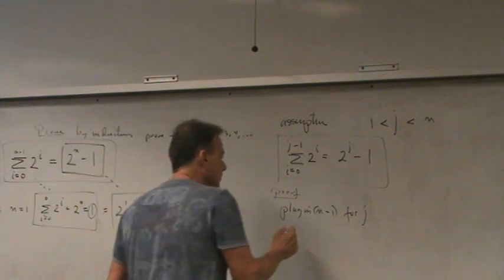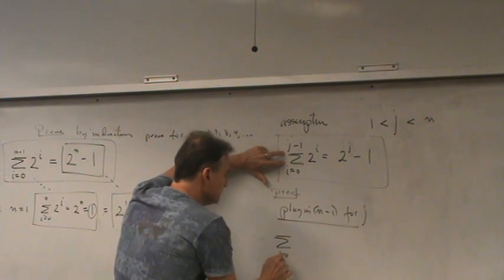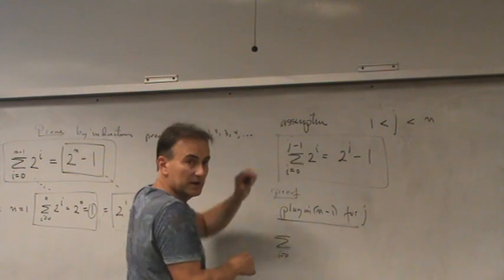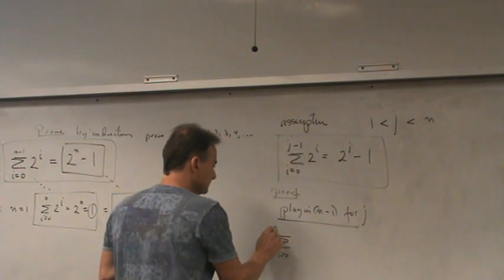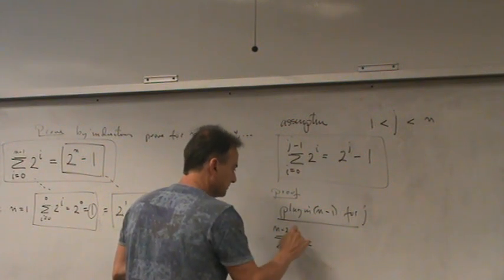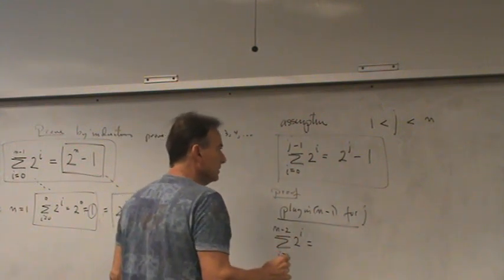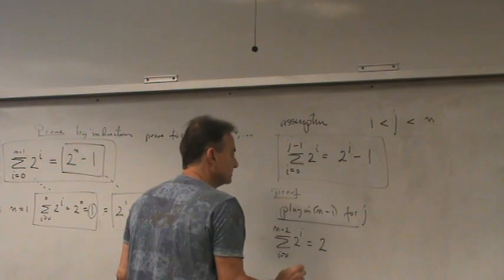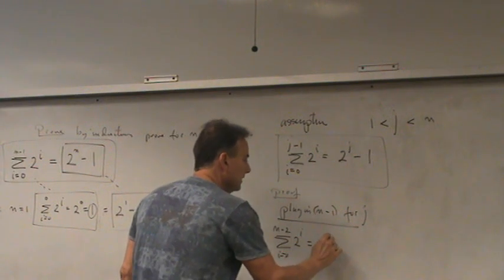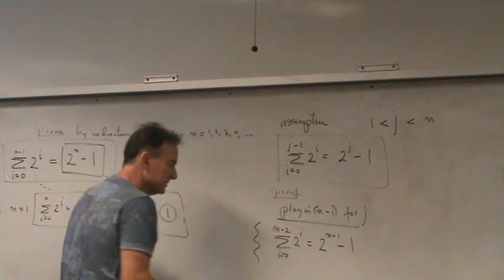So when we do that, we go into the assumption and I is equal to 0, we plug in n minus 1 for J. So it's going to be the sum from 0 to n minus 2 of 2 to the I is equal to, plugging in n minus 1 for J, 2 to the power n minus 1 minus 1. So this is the maximized assumption.